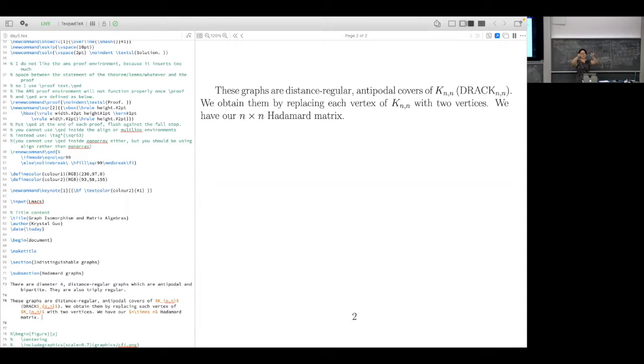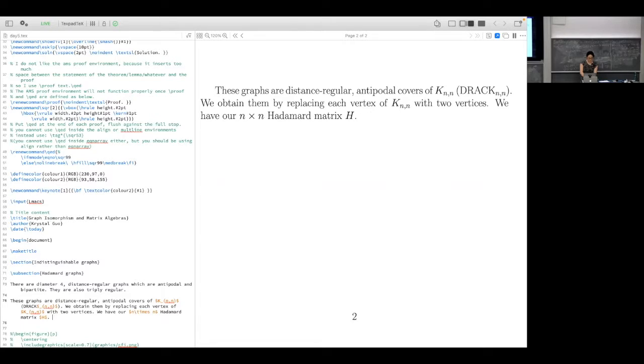You join them with an equal sign when the entry in the Hadamard matrix is 1, and you join them with an X when the entry is not 1.